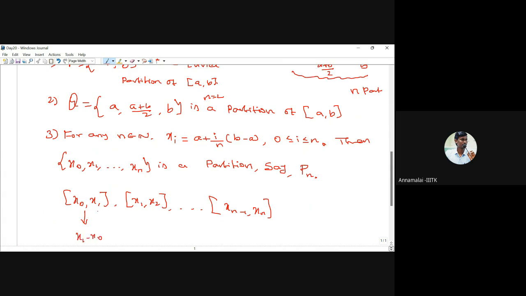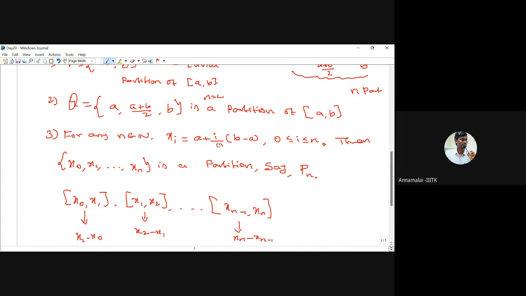The next is x2 minus x1, and so on: the endpoint minus the beginning point. All these lengths are equal in this partition. But in general, the lengths of the subintervals of a partition need not be the same. In this third example, the length of each subinterval is always the same, because we divide the entire interval into n equal parts.